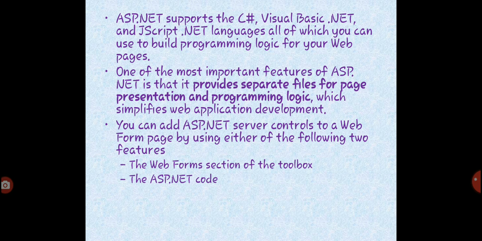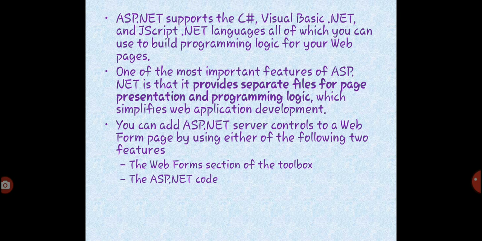The important feature about ASP.NET is that it provides separate files for presentation and programming. The presentation view is called the design view, and the source code is called the programming logic. The source code can be created in the ASP.NET web form.